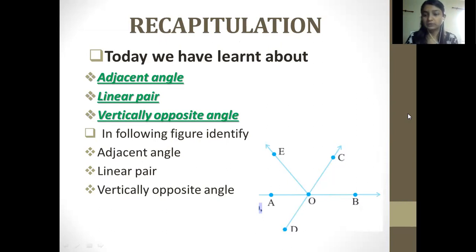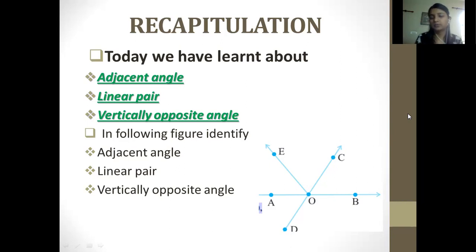Now let us conclude. First of all, we have done adjacent angles. Adjacent angles are those angles which have a common arm and a common vertex, beside each other. Then we have done linear pairs, which make a straight line.